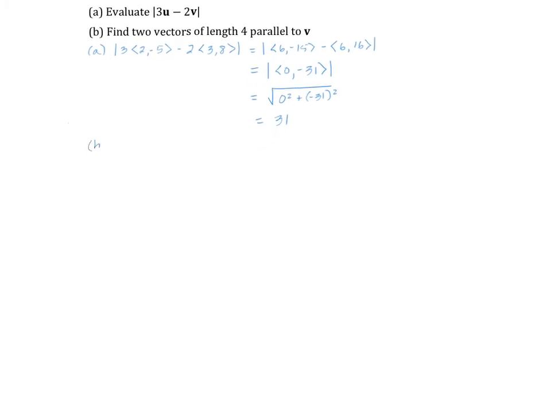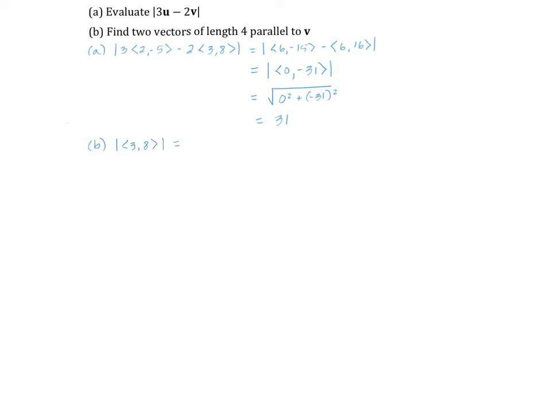4B is asking us to find two vectors of length 4 that are parallel to our vector v. So we're going to look at an easier way to figure something like this out, but first I'm going to do it the long way. To find two vectors of length 4 that are parallel to v, first of all, I want to figure out the magnitude of my vector v, which is the vector 3, 8.